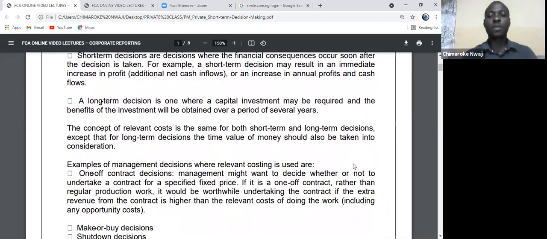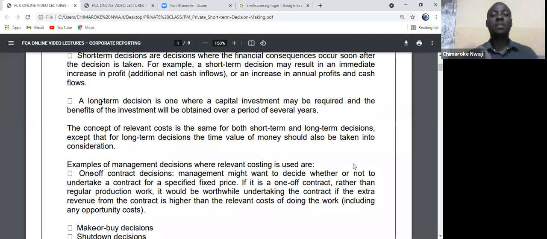Okay, now the concept of relevant costs is the same for both short-term and long-term decisions, except that for long-term decisions, the time value of money should also be taken into consideration. For short-term decisions, because it is 1 year, you may not want to bother about the time value of money.